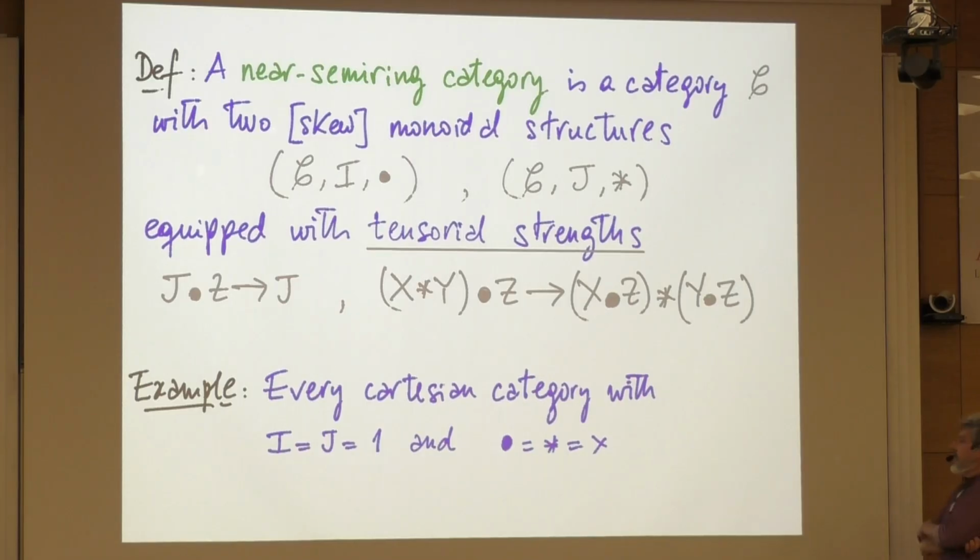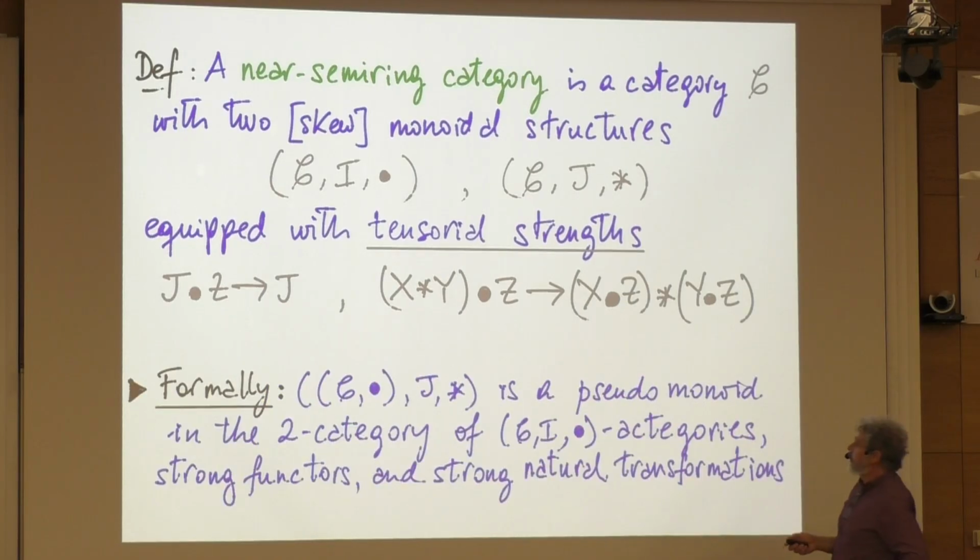Every Cartesian category is a near semi-ring category. That's the most straightforward example. It's not the most interesting one, and I'm going to show you how we generate categories with this algebraic structure.